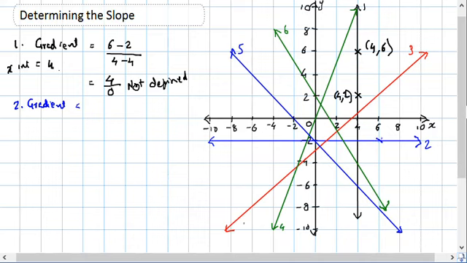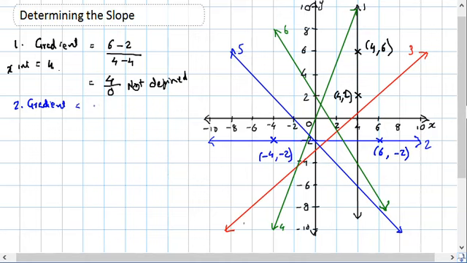If we take 2 points of reference, say this point and this point, the coordinates of this point are 6 on the x-axis and negative 2 on the y-axis, and the coordinates of this point are negative 4 on the x-axis and negative 2 on the y-axis.